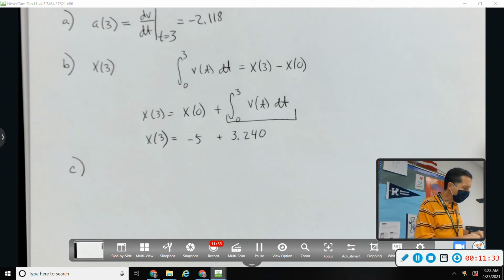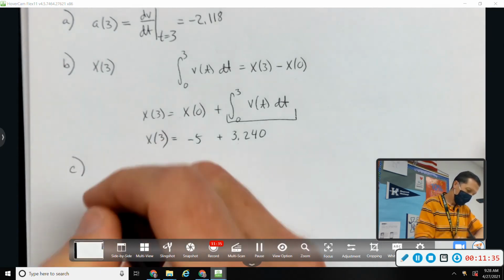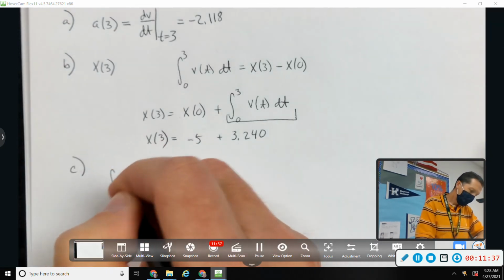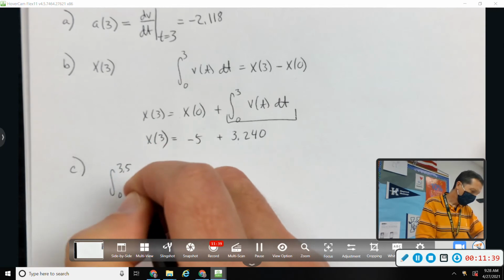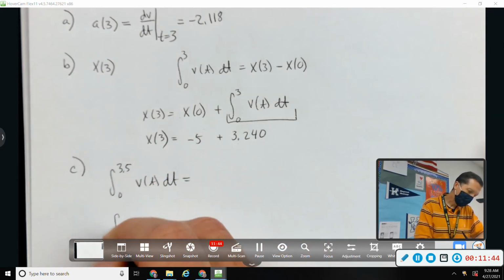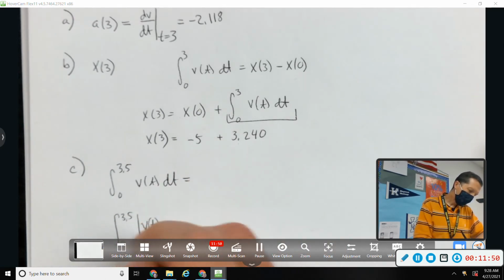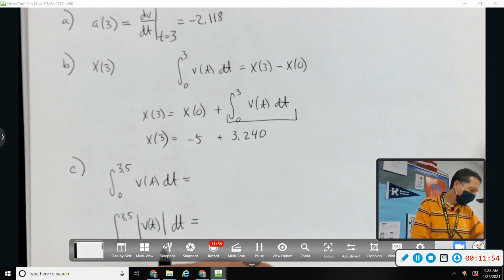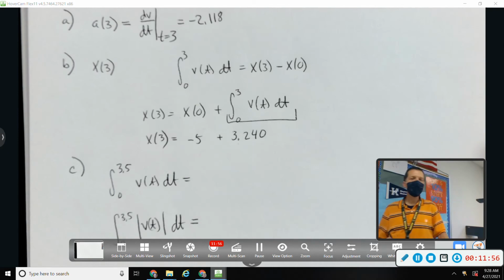Part C, evaluate the integral from 0 to 3.5 of v of t. That should be easy. That's almost what we just did. And then the same thing, but with absolute value bars. And then interpret the meaning of each integral.